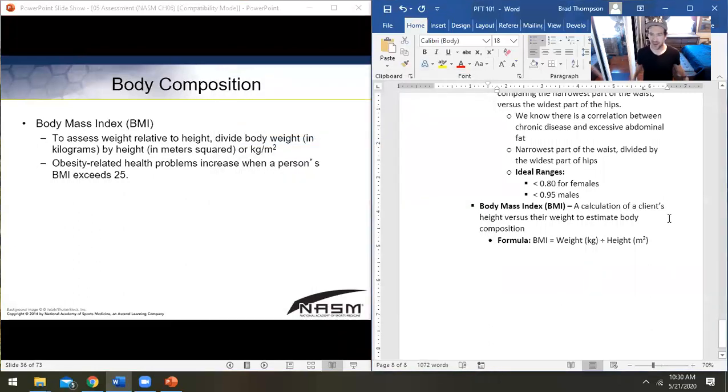Super accurate notes. Okay. So weight in kilograms divided by height in meters squared. I'm going to put the silly American formula.